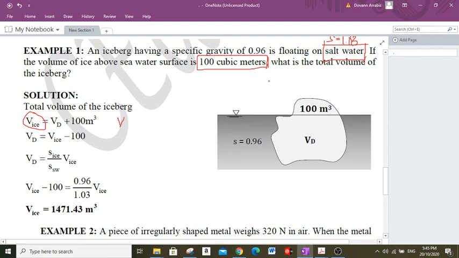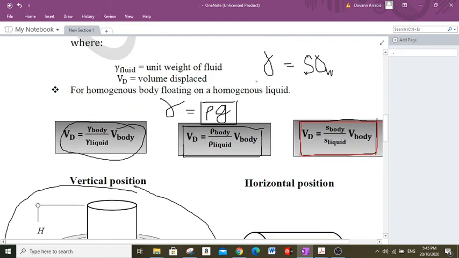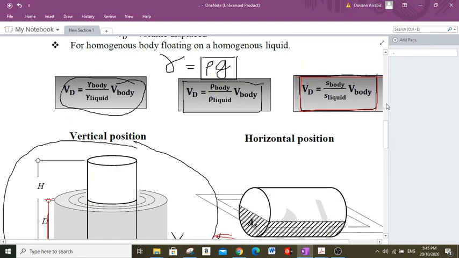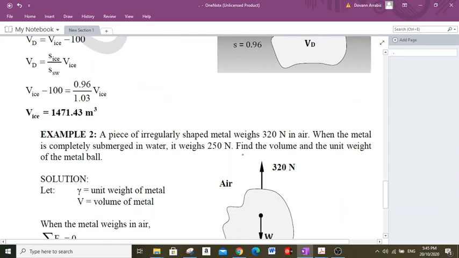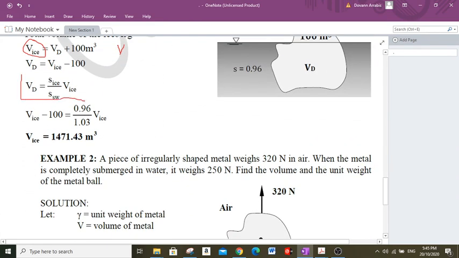Since our goal is to determine the total volume of ice, from this equation, the volume displaced is equal to the specific gravity of ice over the specific gravity of salt water, times the total volume of ice.